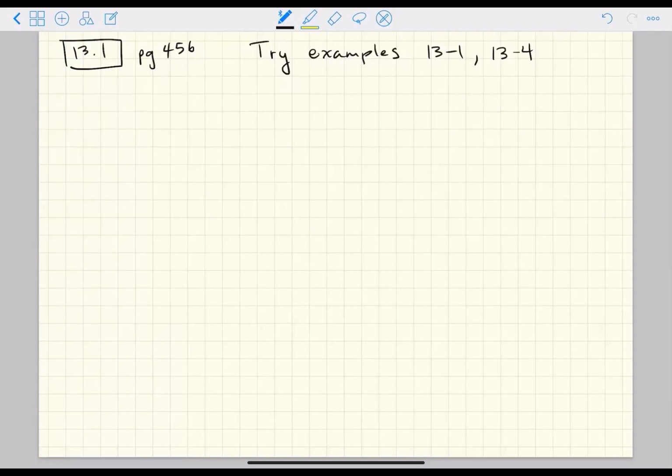Okay, so let's go through practice problem 13.1. The question states, determine the acceleration of the 150-pound block in figure P13.1 if the coefficient of kinetic friction is 0.4. And there is a figure that is attached to this, so I'll draw it out here.